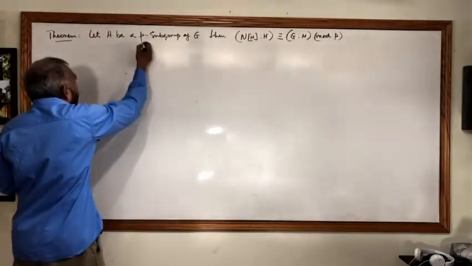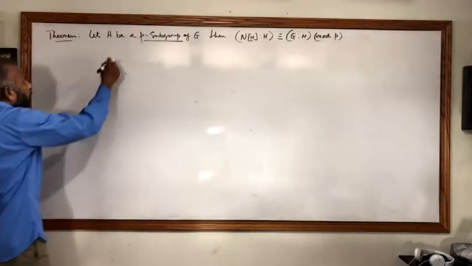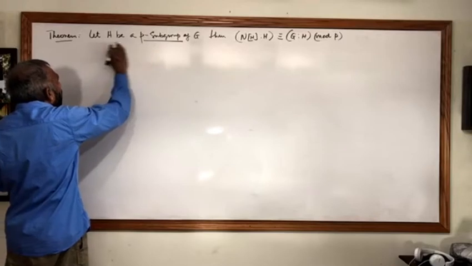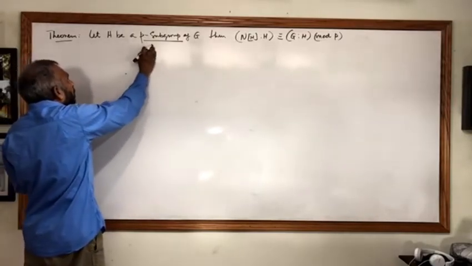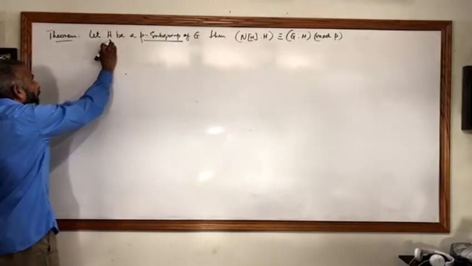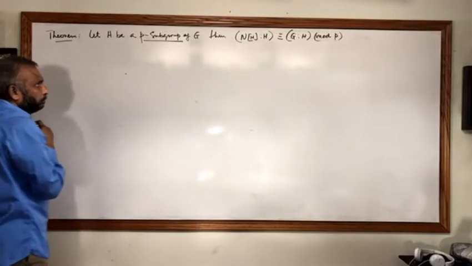Here the word p-group is very important. H is a p-subgroup means H itself is a p-group, meaning every element of H has an order of a power of p. Here p is a prime number.